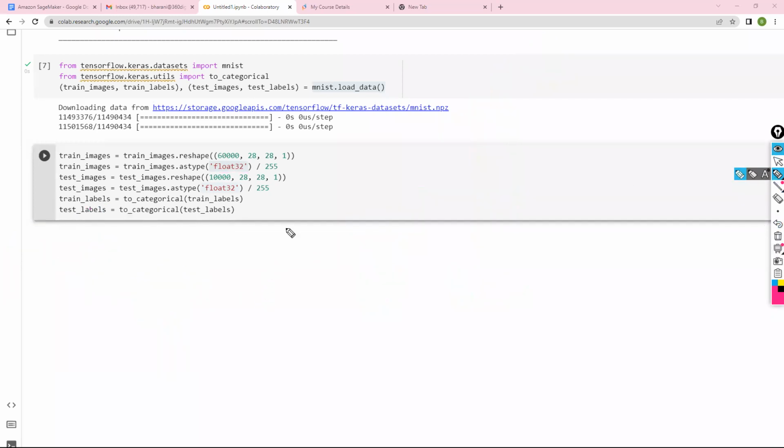And then you're also taking the output, which is the training labels or test labels, and you're converting them into categorical format.